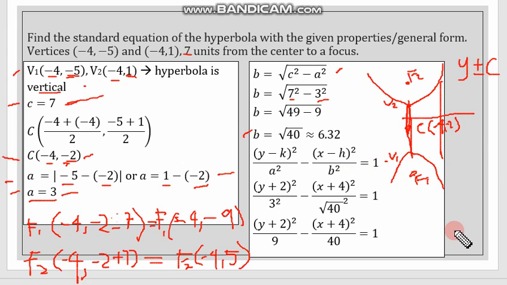Our k is negative 2, so y minus negative 2 is y plus 2, squared, over a squared, which is 3 squared, that's 9. x minus negative 4 is x plus 4, squared, over b squared, which is the square of the square root of 40, so the square root sign is removed and it becomes 40. Therefore, the standard equation of the hyperbola is (y plus 2) squared over 9 minus (x plus 4) squared over 40 equals 1. Okay.